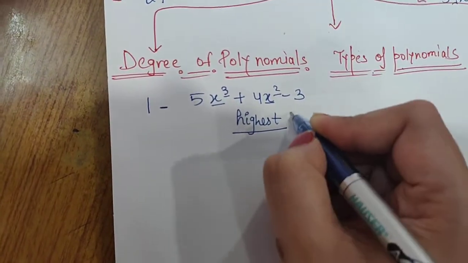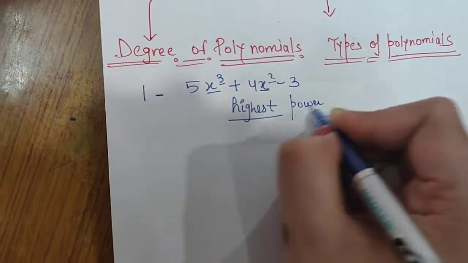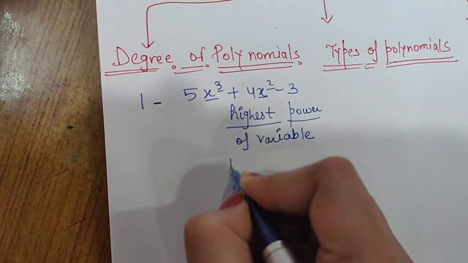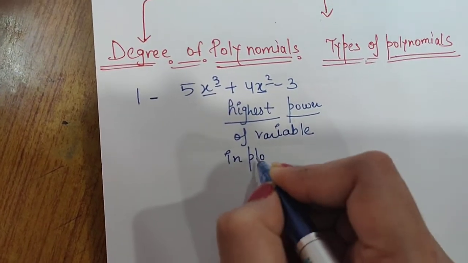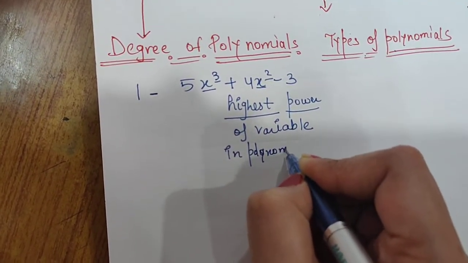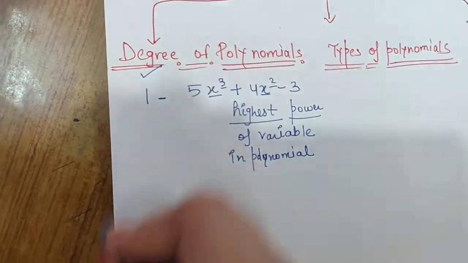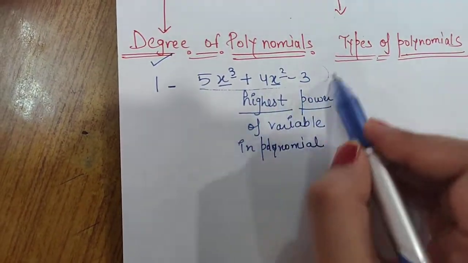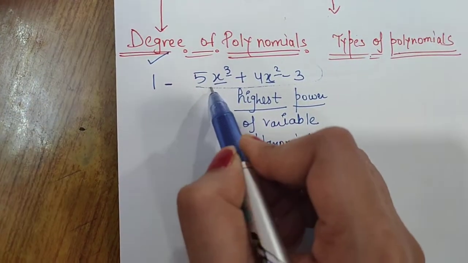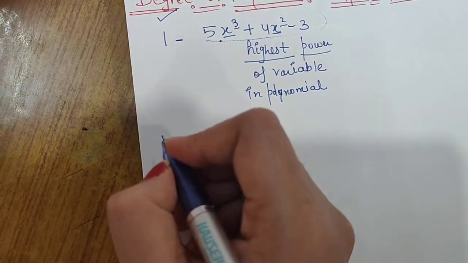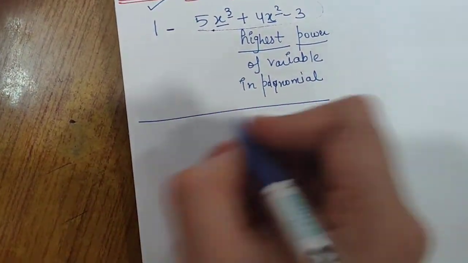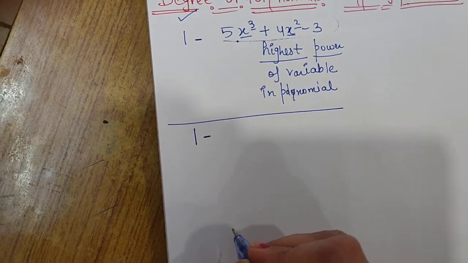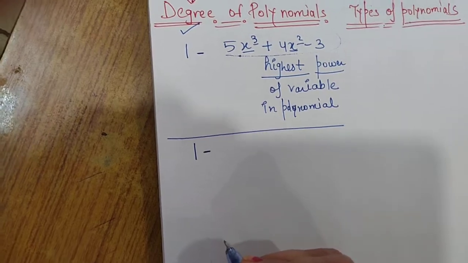The highest power of the variable in a polynomial is called the degree of the polynomial. So in this polynomial, what is the degree? 3. Now start writing. First we will write examples of polynomials in which the highest degree will be 1.